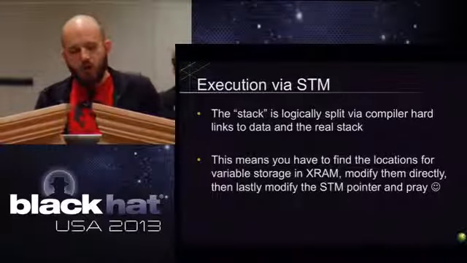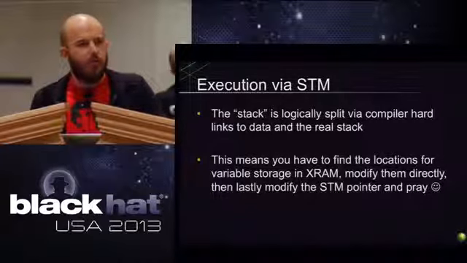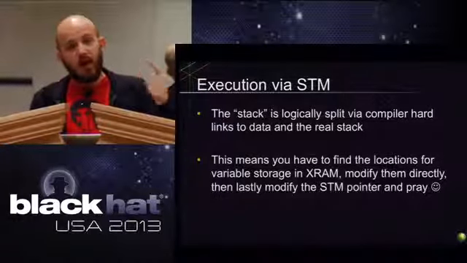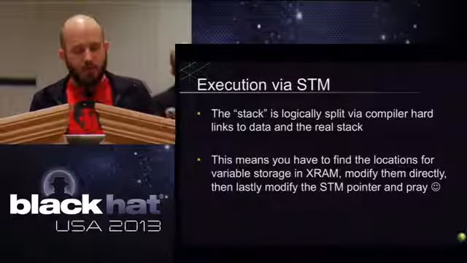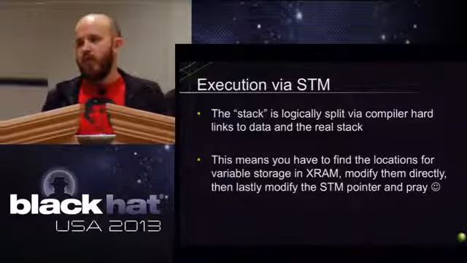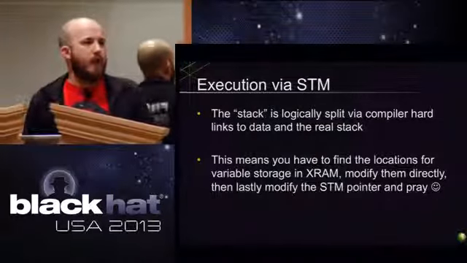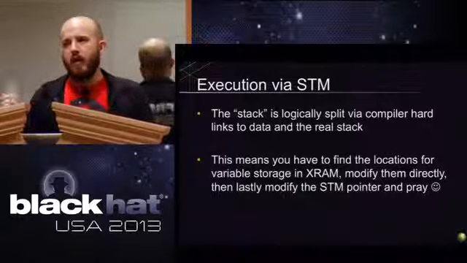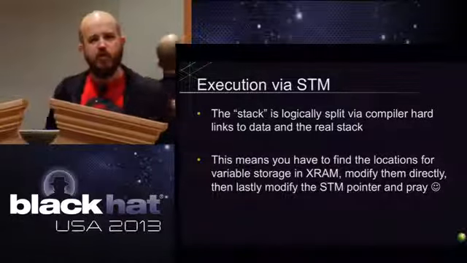Well, that's really hard. So you've got to figure out where the locations for variable storage are, or find which functions are actually using variable storage in static locations in external RAM, which happens most of the time because of the compiler. And then you modify those. Think about the way normal function calls happen on most platforms: you stuff a few arguments or pointers to arguments on the stack, or into registers, and then you jump to that location.